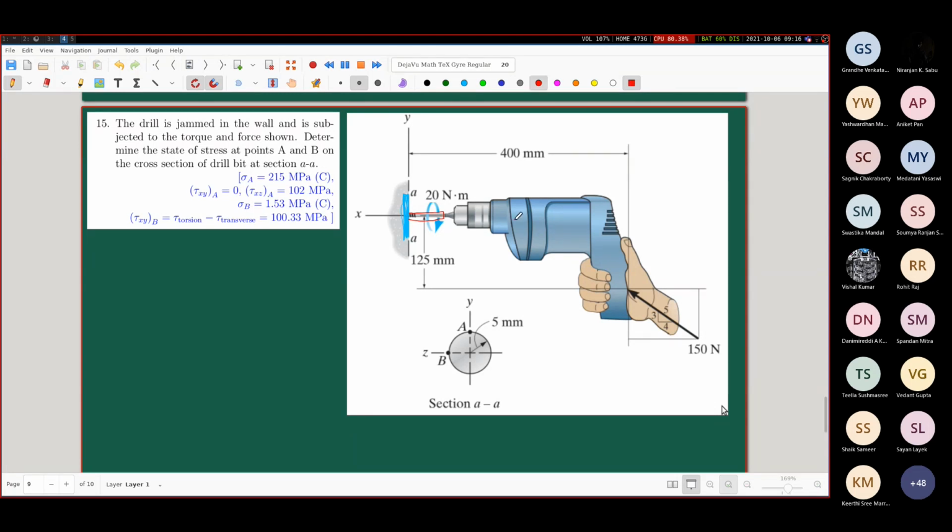So your drill bit, if you just zoom into that red colored portion, it will look like this. And this end of the drill bit, which is just adjacent to the wall, that is where the section AA has been taken. So this circular cross section that you are seeing is basically this end. So this is the drill bit.